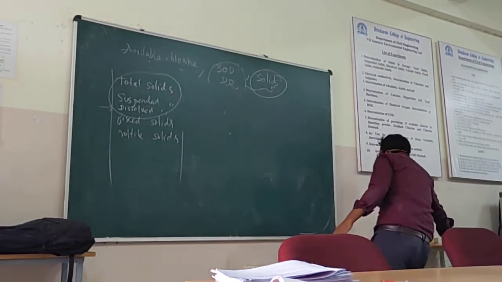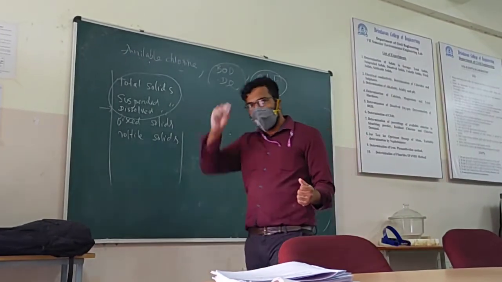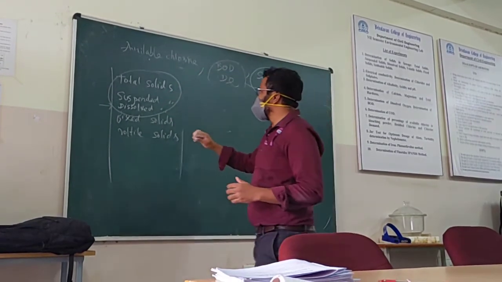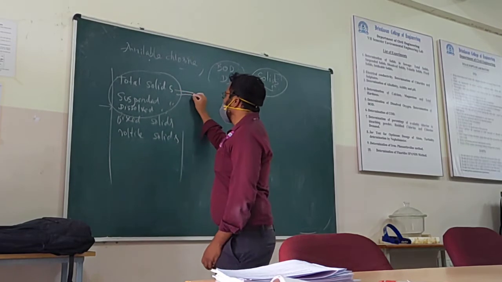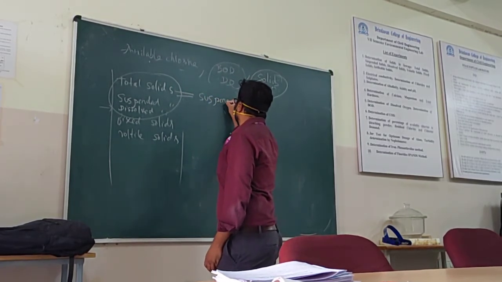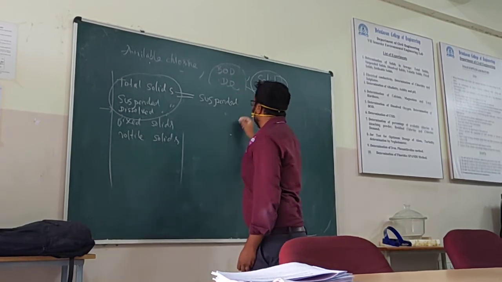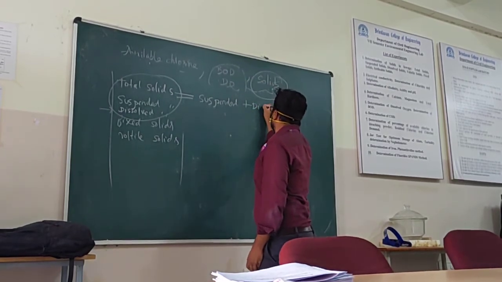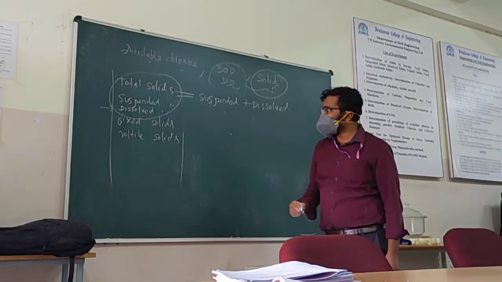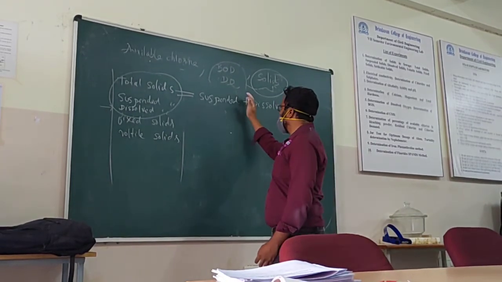So as you know, you have total hardness. Total hardness is due to what? Here also, total solids means you have suspended solids plus dissolved. Okay. So we have to find out for each solid.